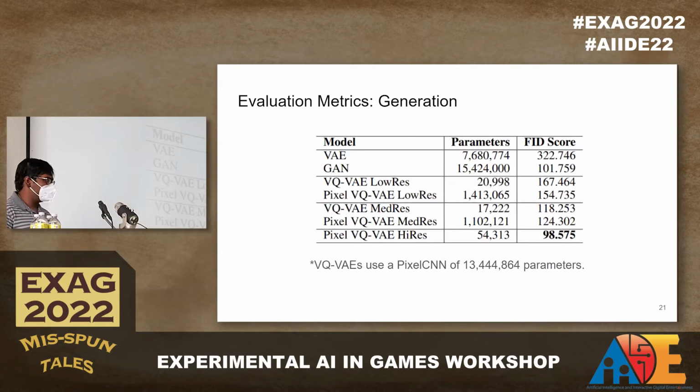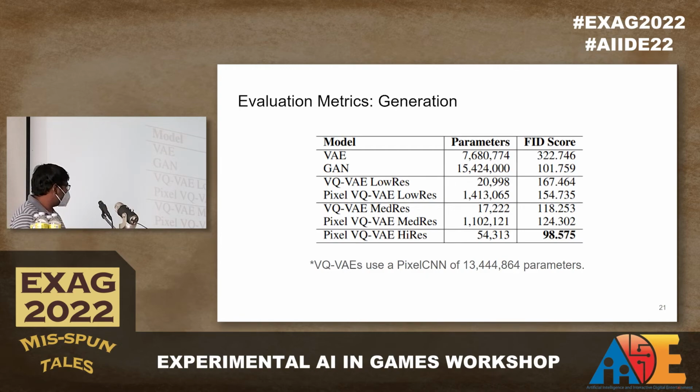In terms of numbers, we use the FID score to measure this. FID is a metric used for generative models that compares generated images against the training distribution. Now, the FID was created for photorealistic images. It's not the best metric for pixel art, but there's no better metric that we know of.